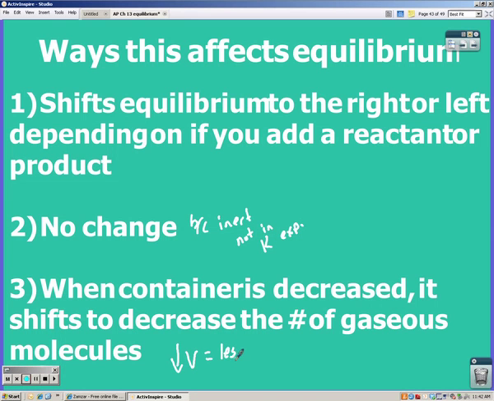If I have a smaller volume, I want less gas to reestablish the pressure. So anytime it says increase pressure or decrease volume, I'm going to shift in the direction of less gas. If it says increase volume or decrease pressure, I want more gas.